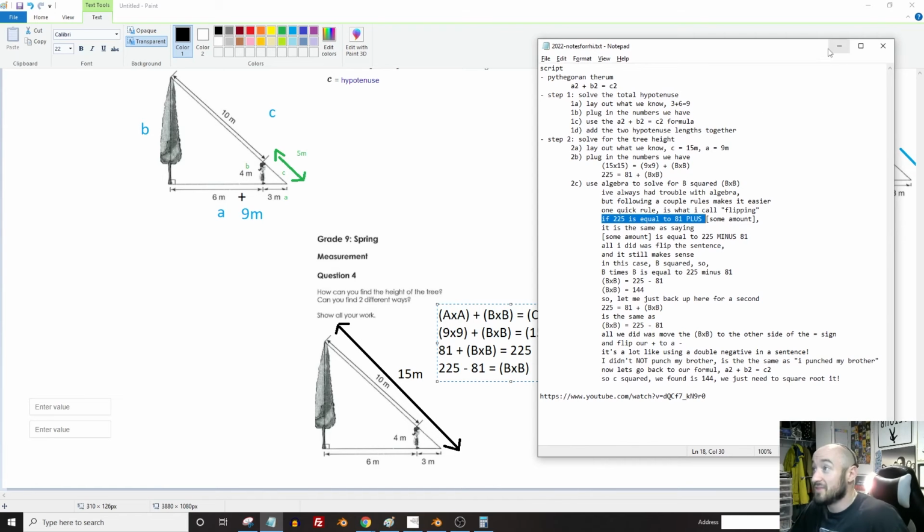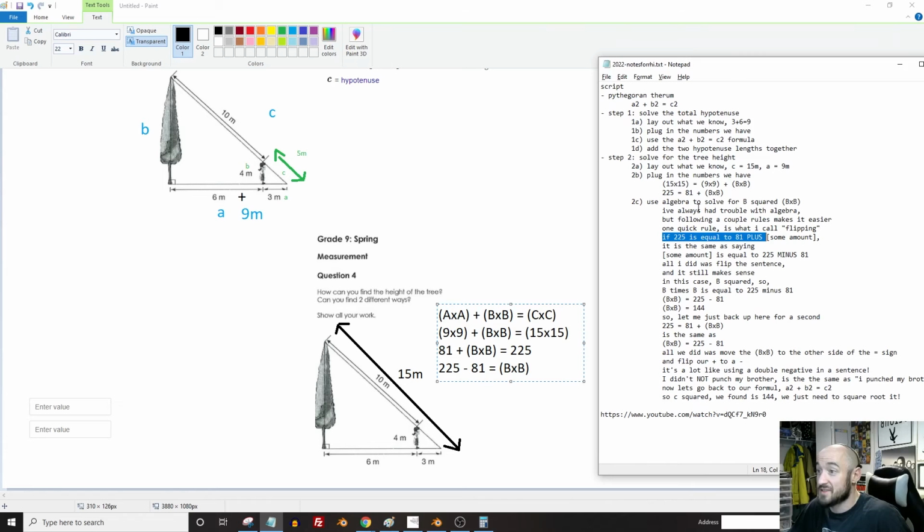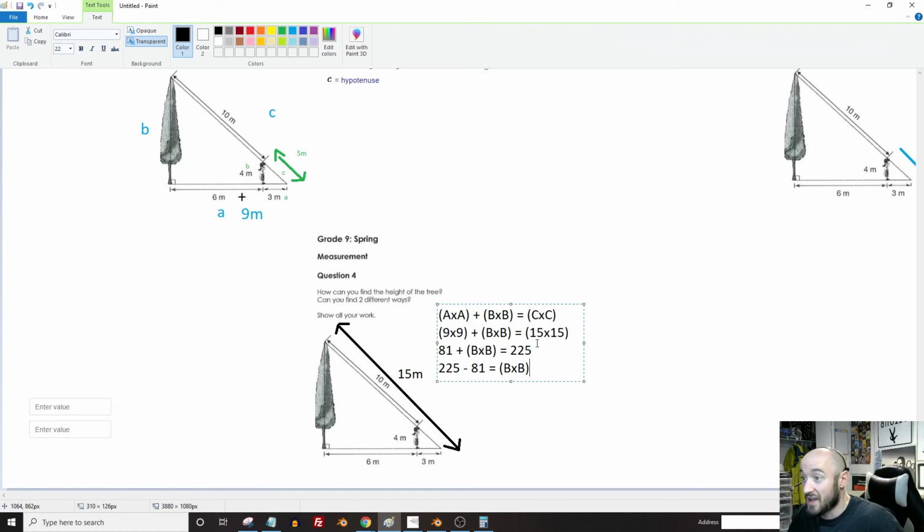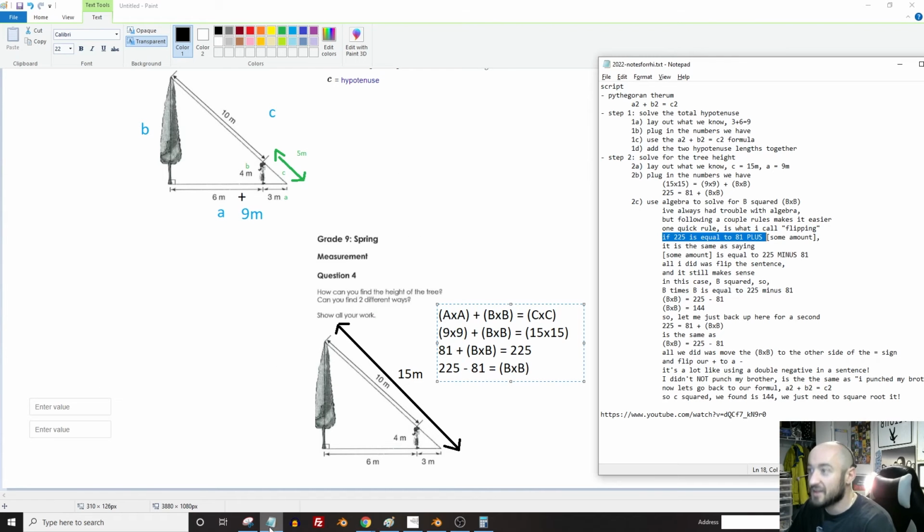So if we flip both of these things on the sides of the equation, all we have to do is flip our operator. What was once a plus sign can now be a minus sign on the other side of the equation. It confused me too. It took a while, but it's one of these rules which, if you trust it, will work out.